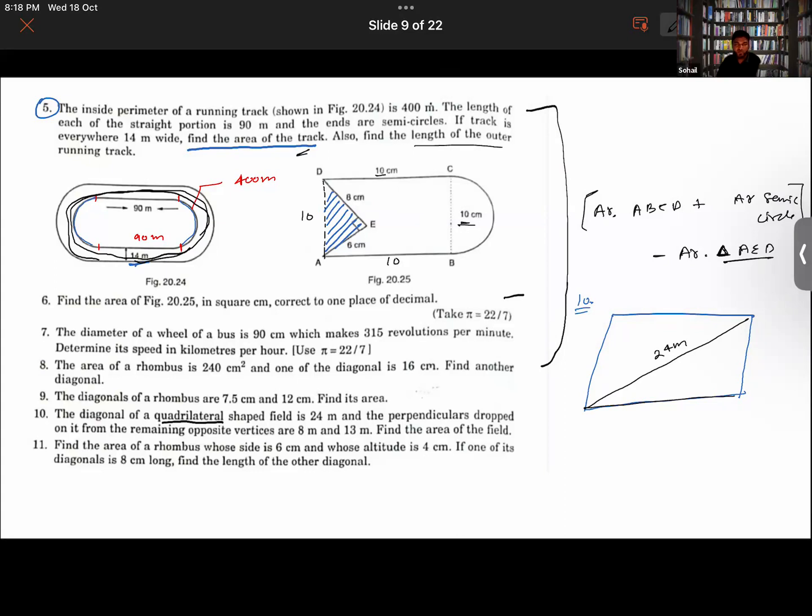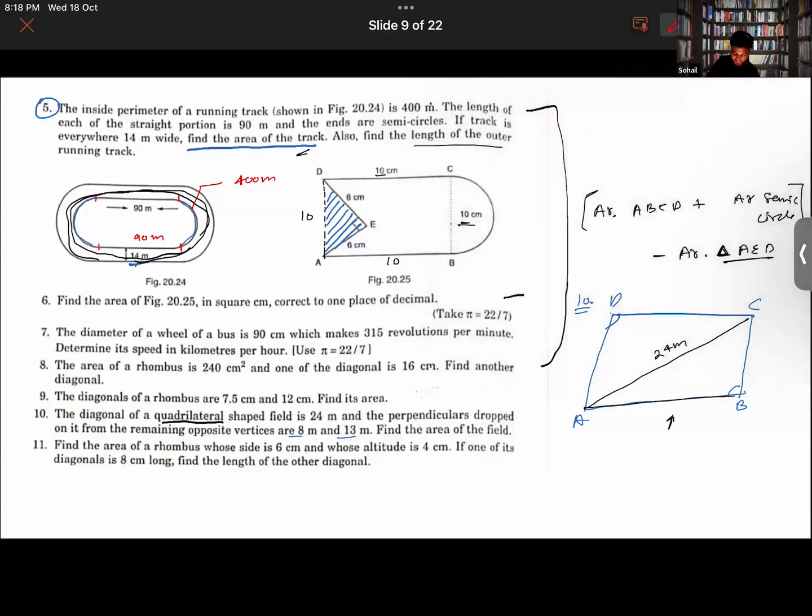So if the question is like this, we will not assume that this will be a kite or a trapezium or something. We will simply draw a figure like this, with vertices A, B, C and D. From the opposite vertices B and D, perpendiculars of 8 and 13 meter are dropped on this diagonal.